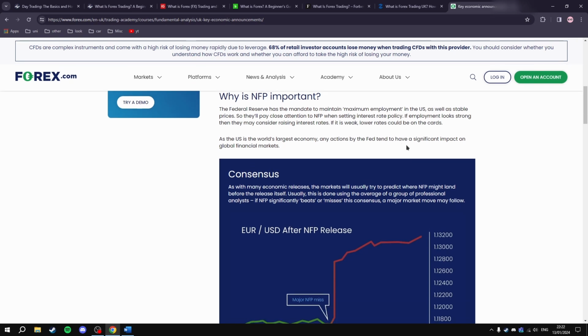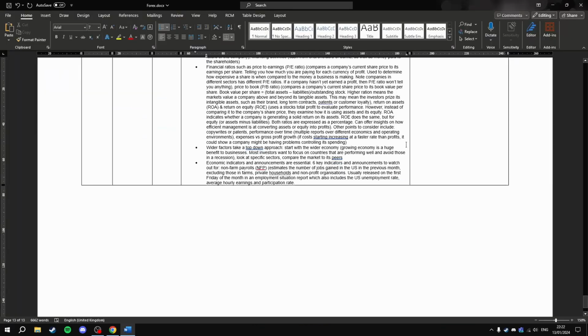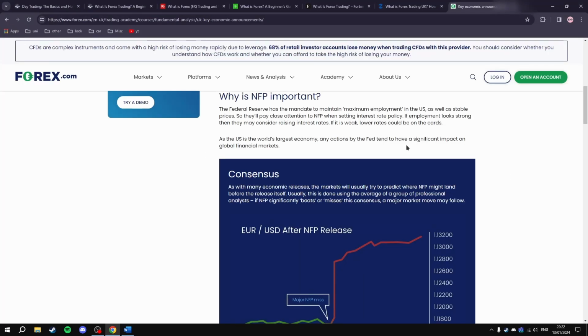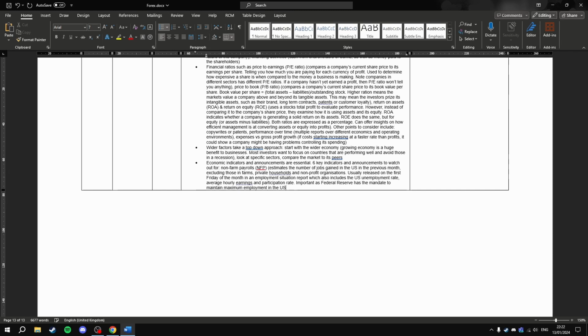Right, I see. So NFP is important as the Federal Reserve has the mandate to maintain maximum employment in the US, as well as stable prices.